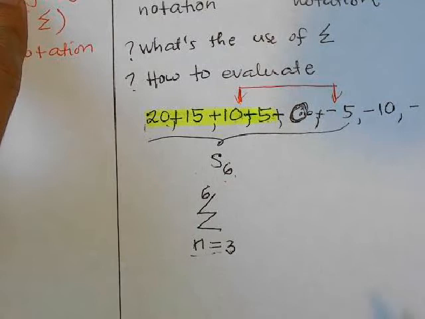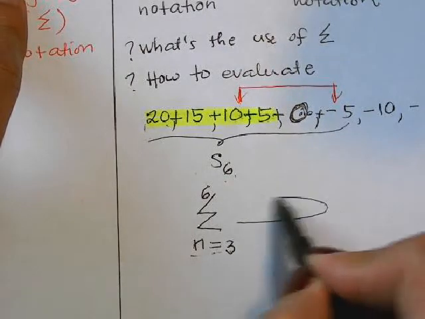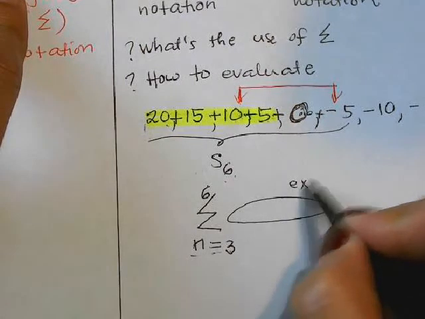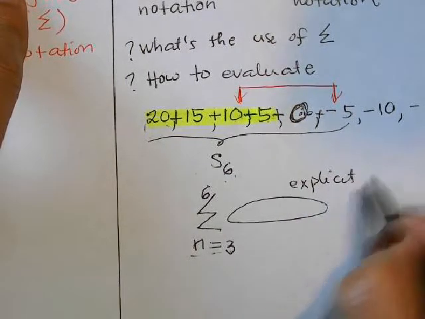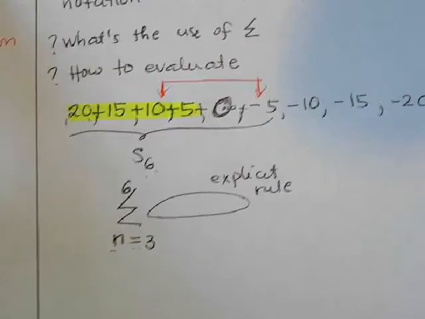And 3 here, 6 here, and then here you're going to write your explicit rule. So we have to find the explicit rule of this. You know a sub n, so let's solve a sub n here on the side.